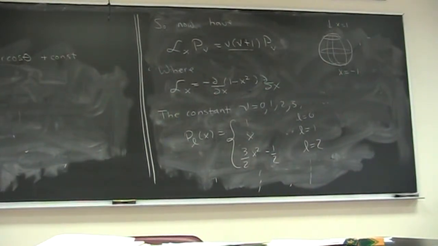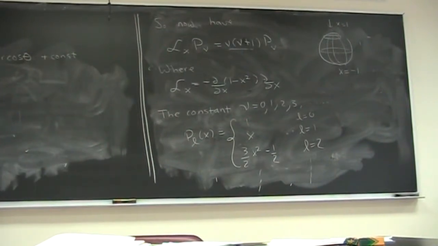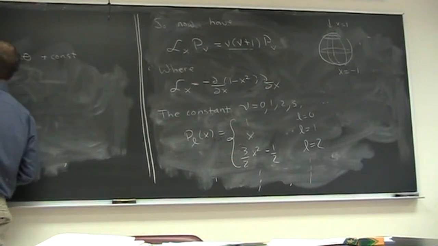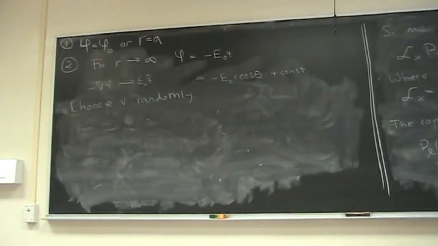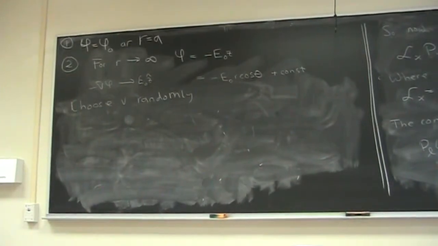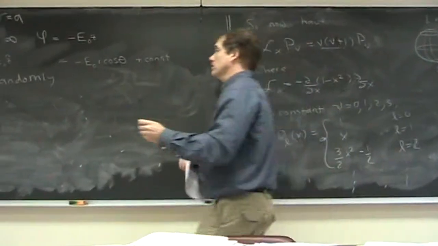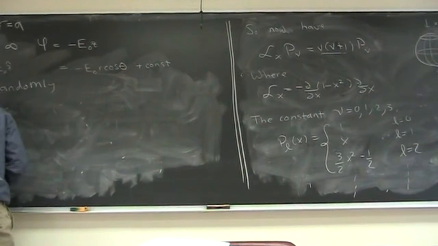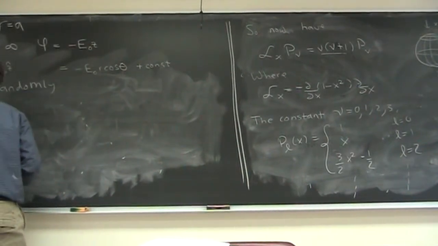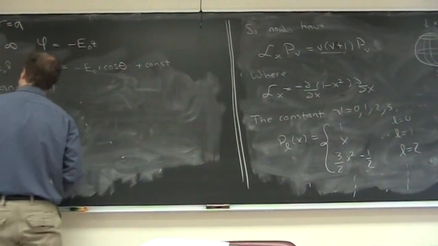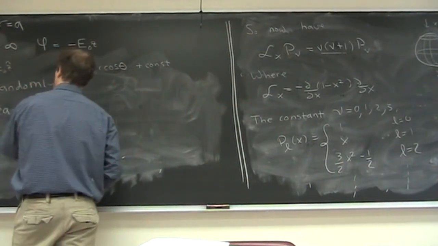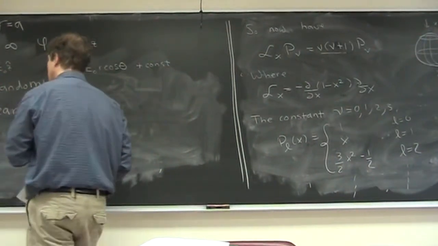So you choose nu, random basically. I mean, you can be a little more clever, but let's just say you choose some nu. Now I analyze the differential equation near x equals 1, the top of the sphere.